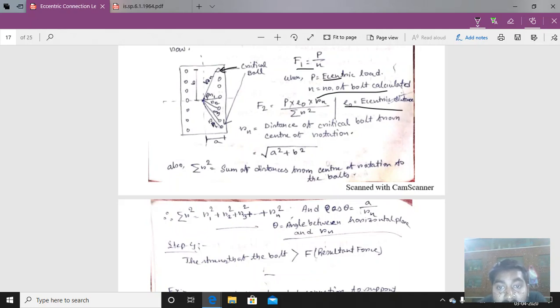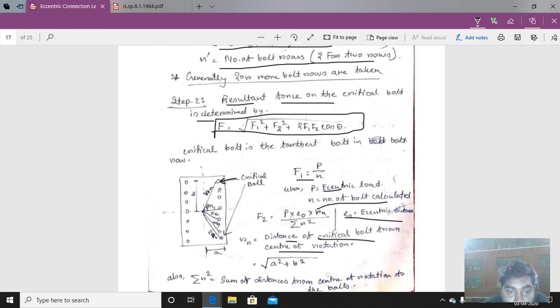What is Rn? It is the distance of the critical bolt from the center of rotation. This is a visual representation of the bracket connection type 1. This is the rotation center, and this is the distance from the rotation center to the critical bolt, Rn.